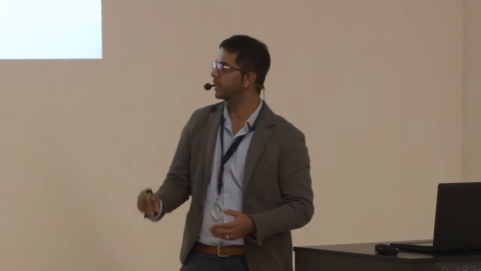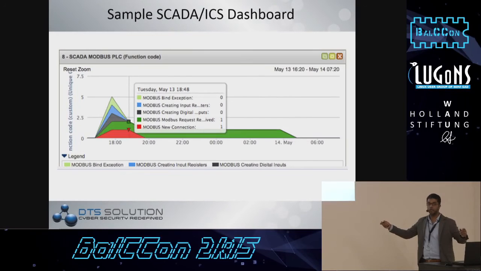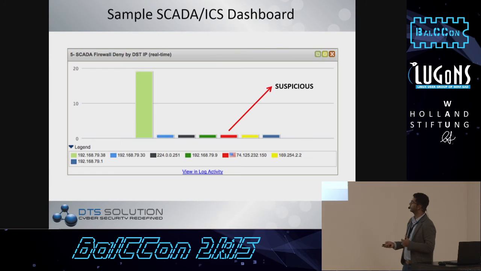Shut it down. No oil flow. So it's very important that you understand these communication protocols and build this into your operation center. And in this example, you can see, for example, a new connection has been established on Modbus, which means that another machine is trying to connect and trying to modify register values.